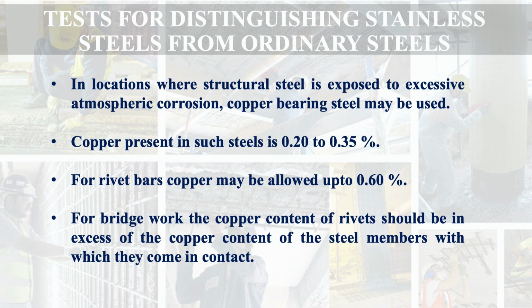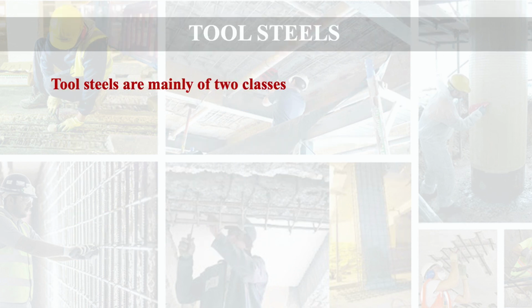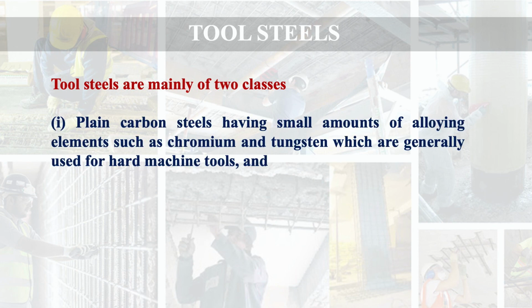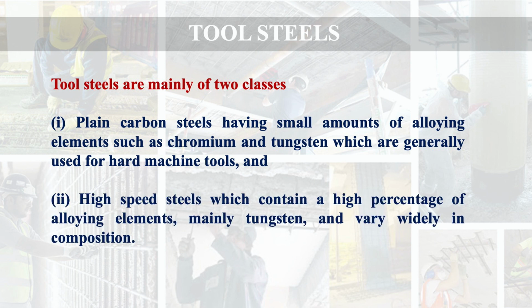Now let's look at tool steels. Tool steels are mainly of two classes. First one, plain carbon steels having a small amount of alloying elements such as chromium, tungsten, which are generally used for hard machine tools. Number two is high speed steels which contain a high percentage of alloying elements, mainly tungsten, and vary widely in composition.